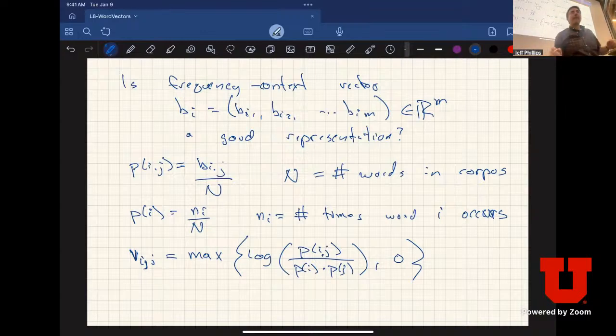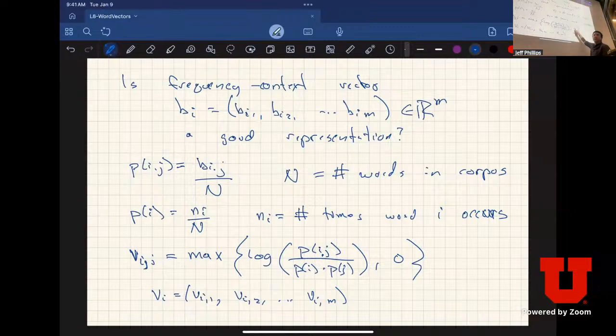Yeah. So what exactly is V_ij representing in context? Yeah, so this is called the positive pairwise mutual information. That's positive because I rounded everything up to 0.